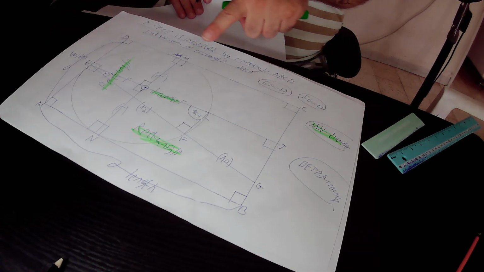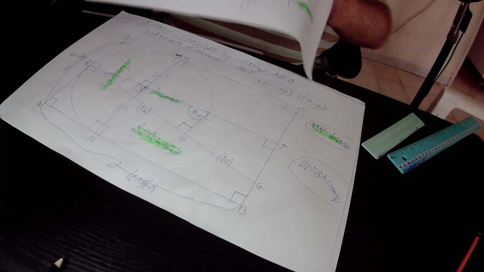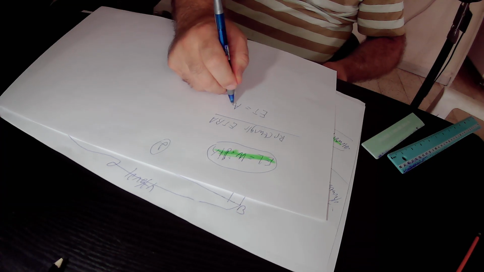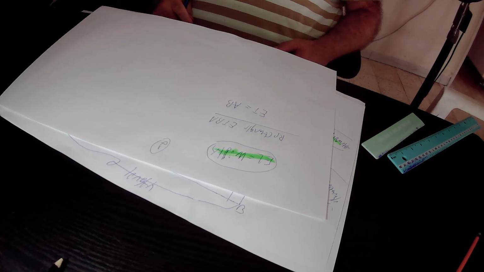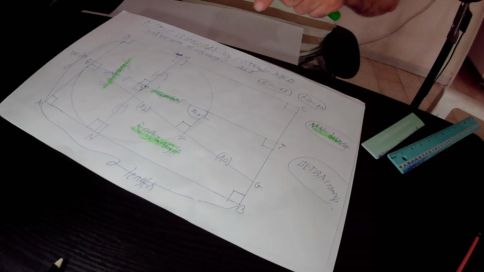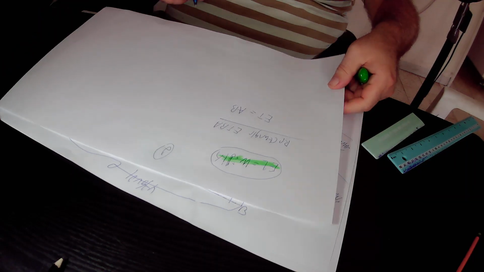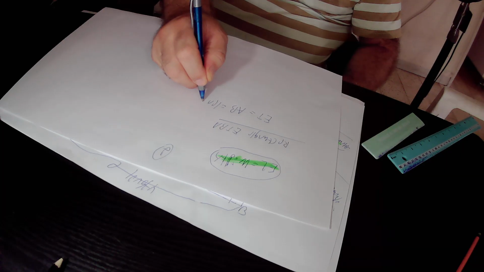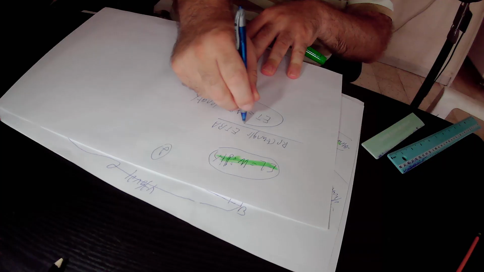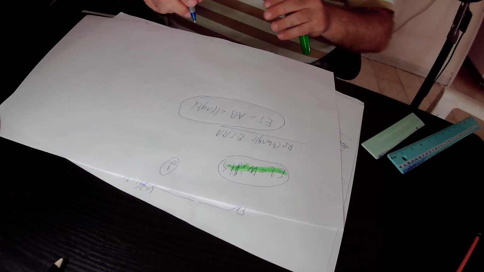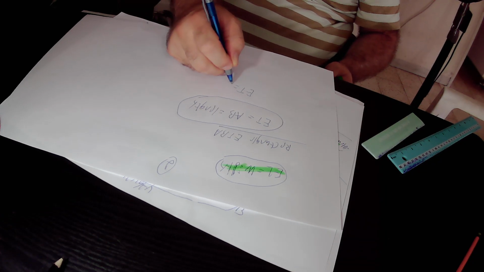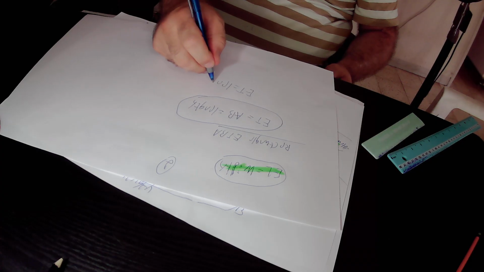ET equals AB according to the rule that the opposite sides of a rectangle are equal to each other. But according to our definition, AB is the length of rectangle ABCD. And from this equation, ET equals AB equals the length of rectangle ABCD, we derive that ET is the length of rectangle ABCD.